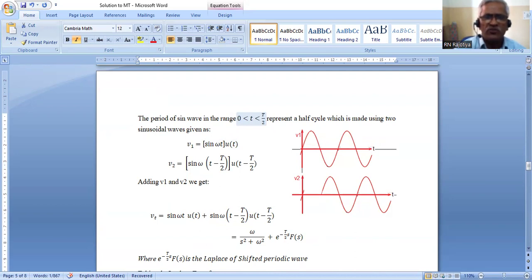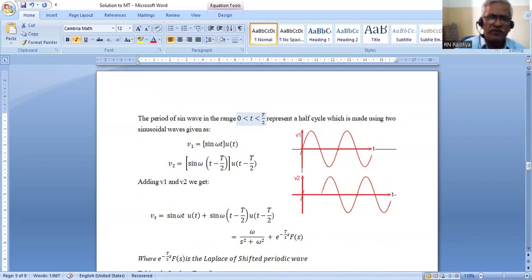So this is 0, this is T by 2 and this is T. You are asked to find out the response only from 0 to T by 2. So you are asked to find out only this response. So how do you get this pulse?